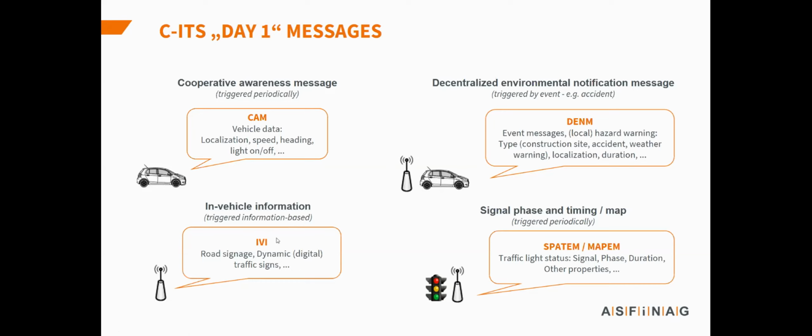And there is something that's not so relevant for ASFINAG actually, because we don't have that many traffic lights on our network. We have them at the tunnel entries, but that's about it.